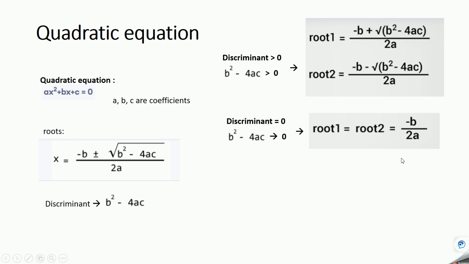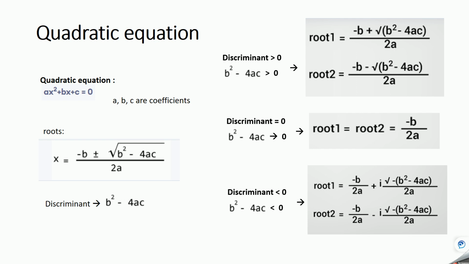Okay, we have a third case where the value of the discriminant is less than 0, that is, after calculating b square minus 4ac, we get a negative value. In this case we will have two roots: minus b divided by 2a, plus or minus i times the imaginary part.